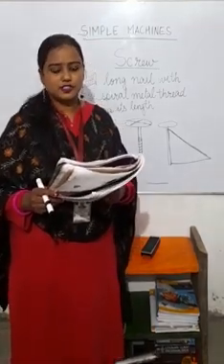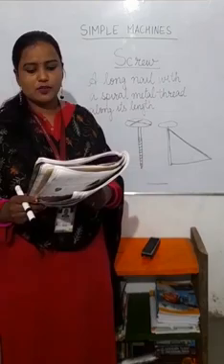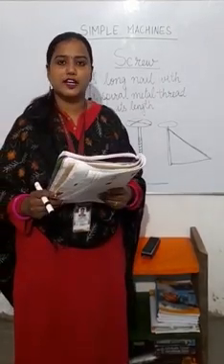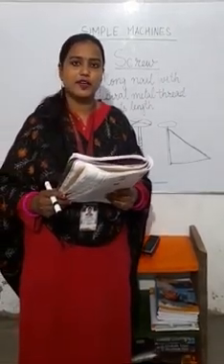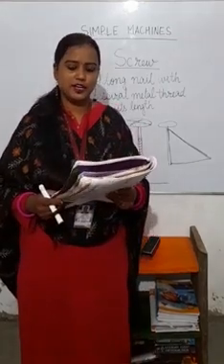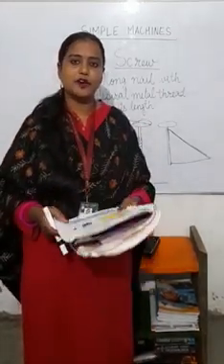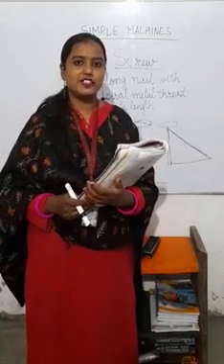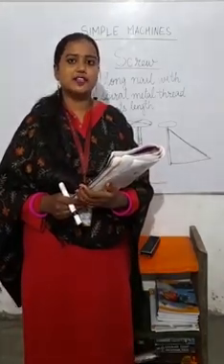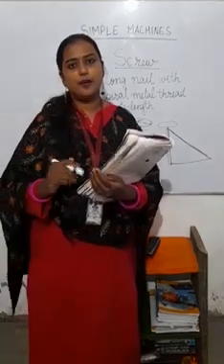What is a wedge? A wedge is a piece of wood or metal shaped like a triangle. This wedge is also a simple machine, but it is shaped like a triangle. And now how can a wedge be made? A wedge can be made by placing two inclined planes back to back.